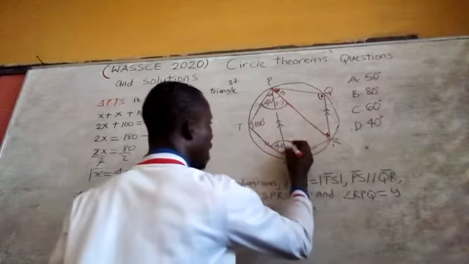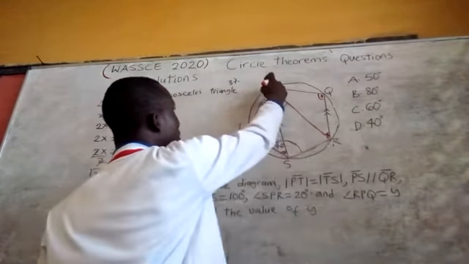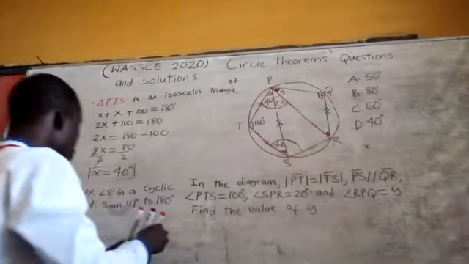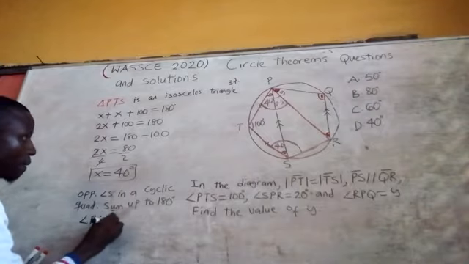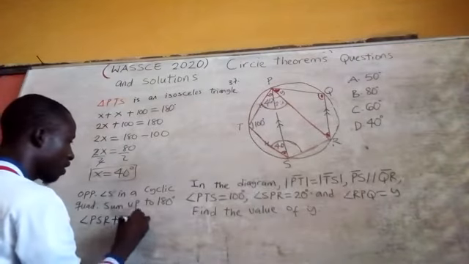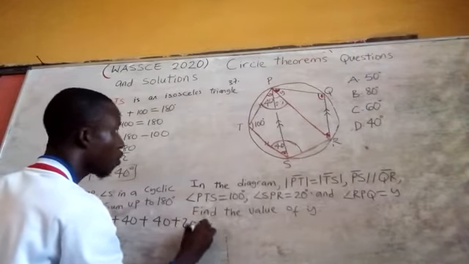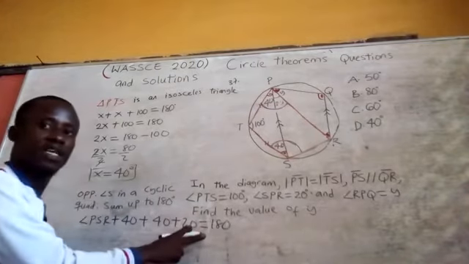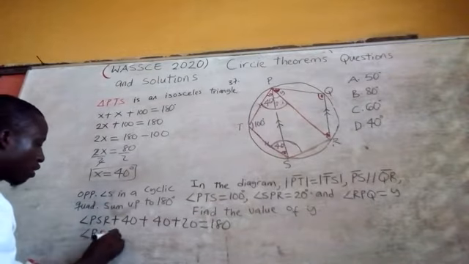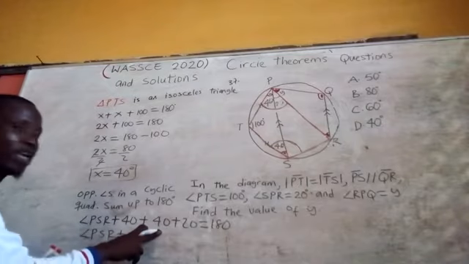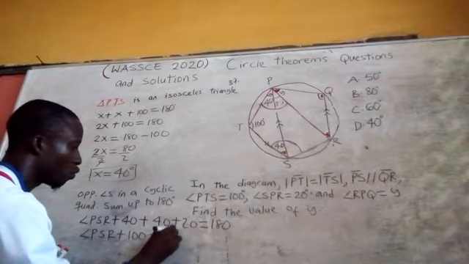So we can say angle PSR plus 40 plus another 40 plus 20 is equal to 180 degrees. Forty plus 40 gives us 80, 80 plus 20 gives us 100, equal to 180.